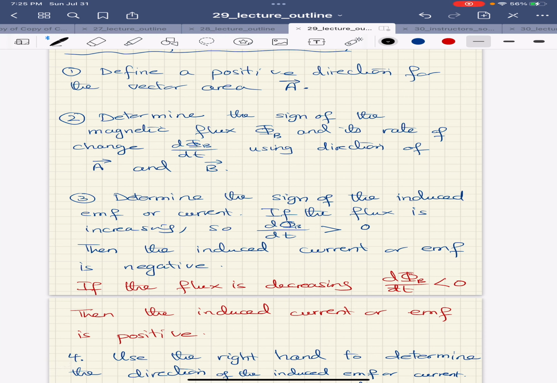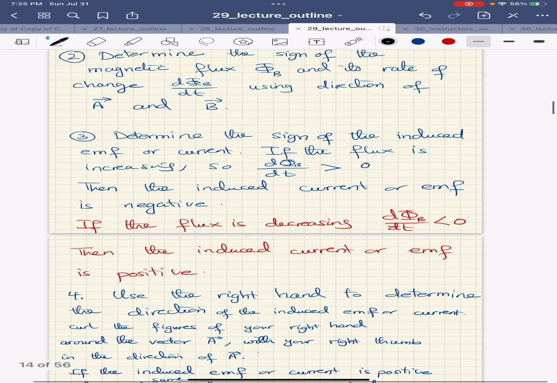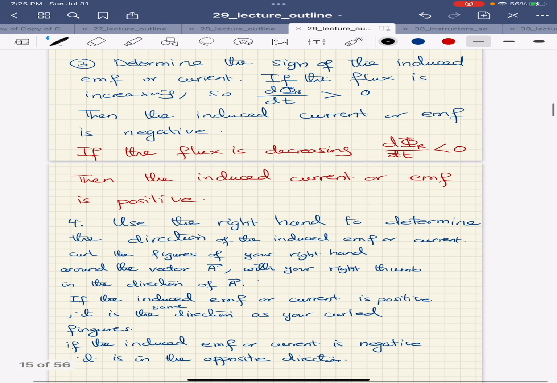I just want you to know that it's kind of opposite. If the change in the flux is positive, then the induced current is going to be negative, and when the rate of change in the flux is less than 0, then the induced current or EMF is going to be positive.